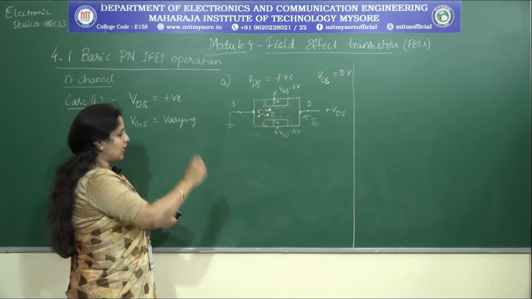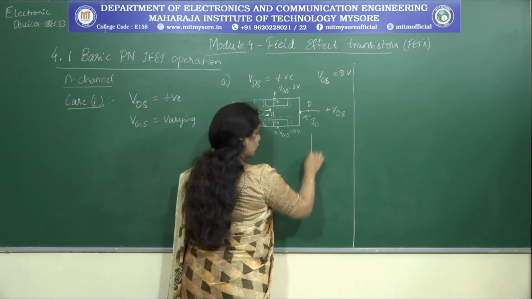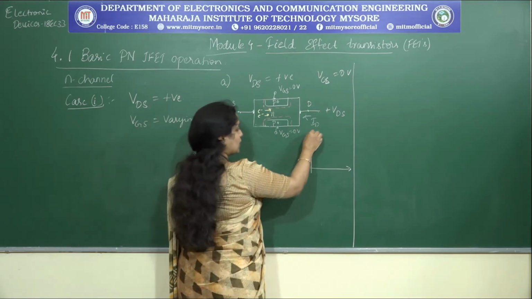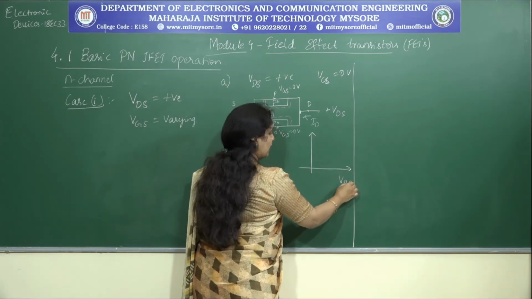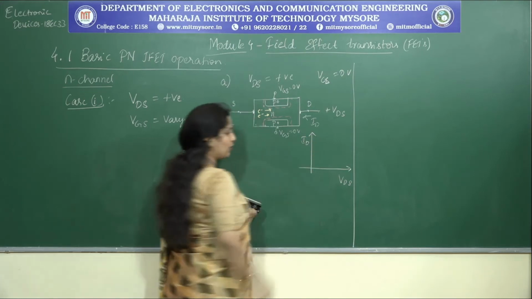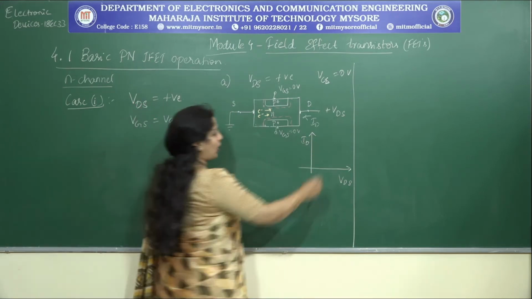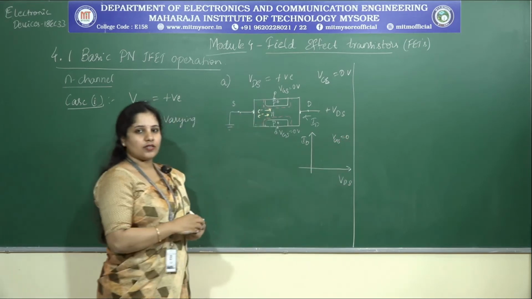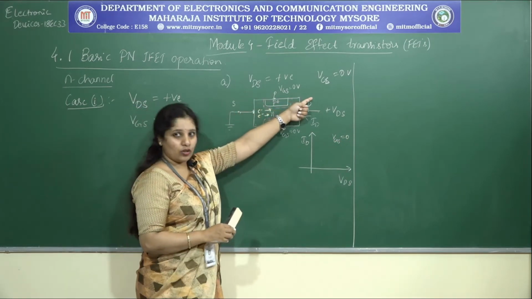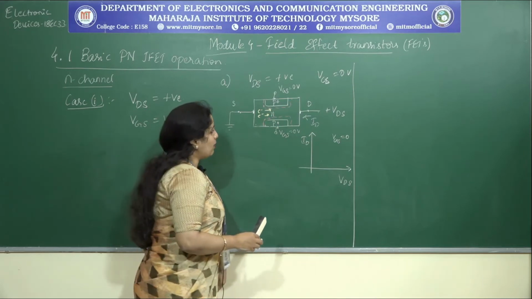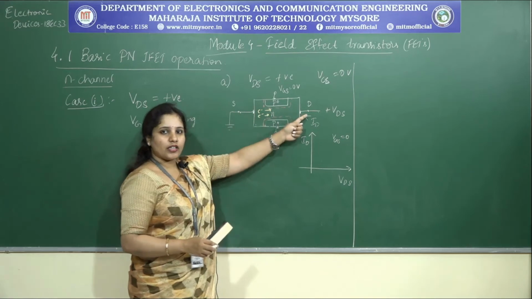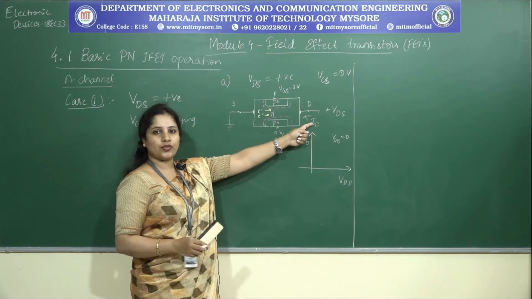Now once I'm done with scenario 1, it is my duty to represent the characteristics as well. If I want to plot the characteristics, it is always VDS versus ID that I'll be plotting for different values of VGS. How much is the VGS value that I am providing? It is 0 volts. So when my VGS is 0, still there is a certain amount of current flowing between the source and the drain.